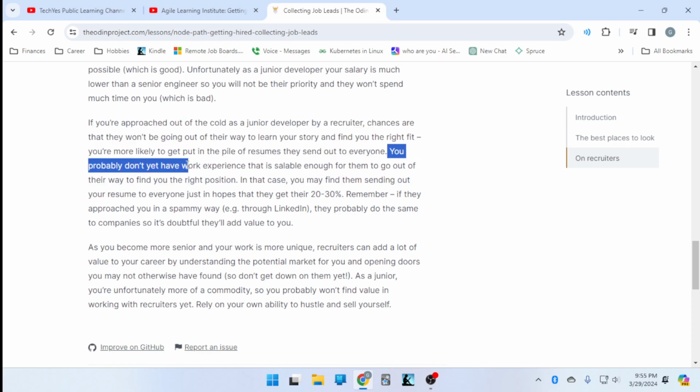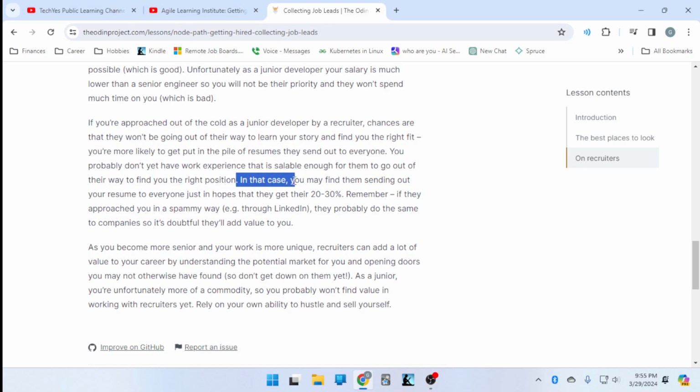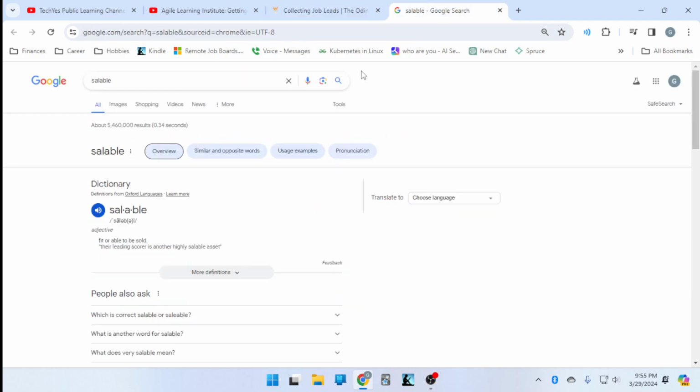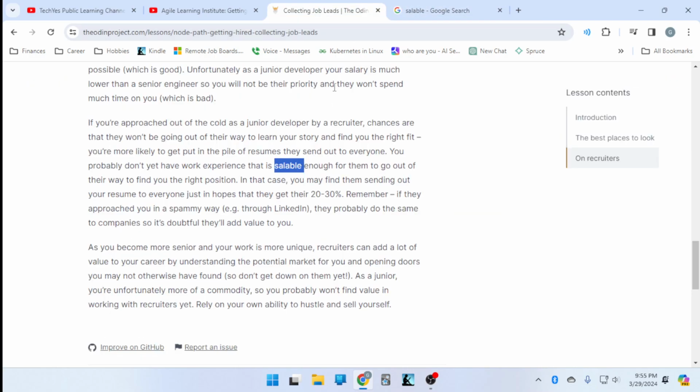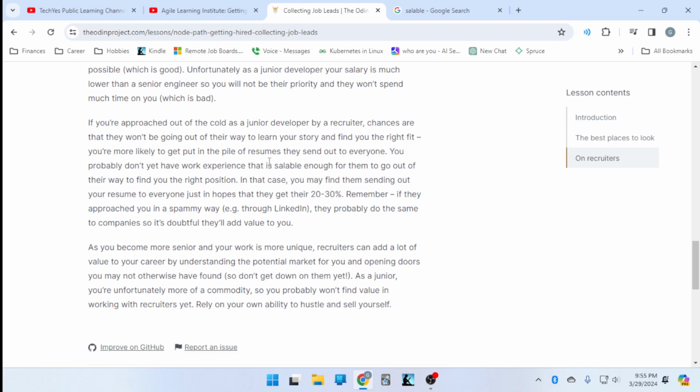You probably don't yet have work experience that is saleable enough for them to go out of their way to find you the right experience. Saleable, not scalable. So saleable means fit or able to be sold. In that case, you may find them sending out your resume to everyone just in hopes that they get their 20 to 30%. I guess that's their rate of your salary that they take.